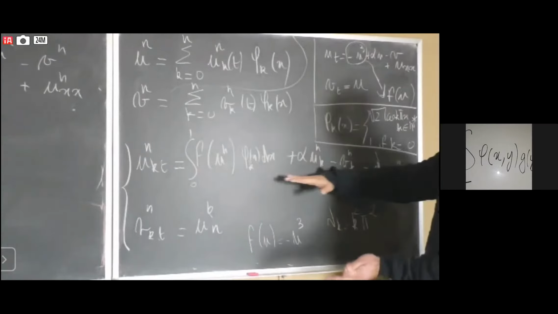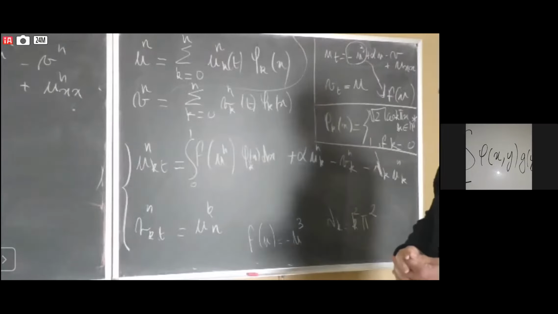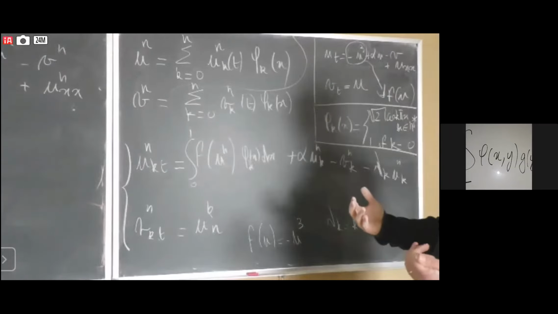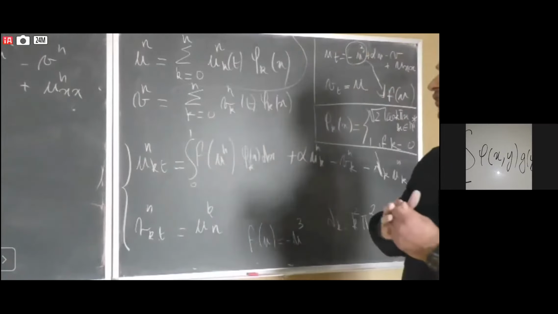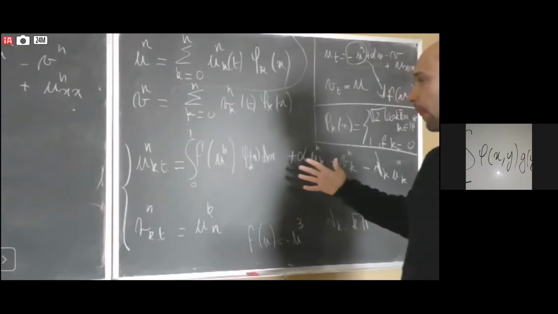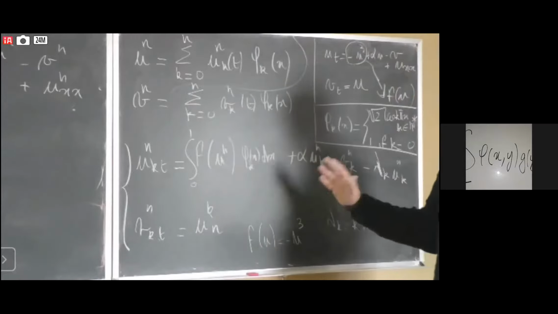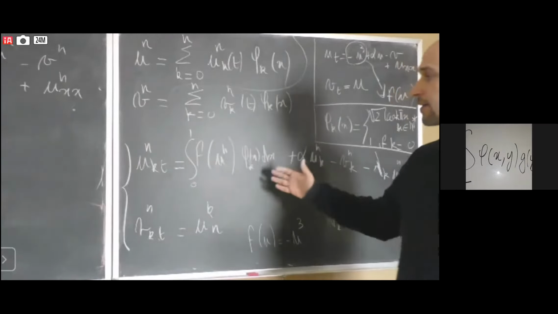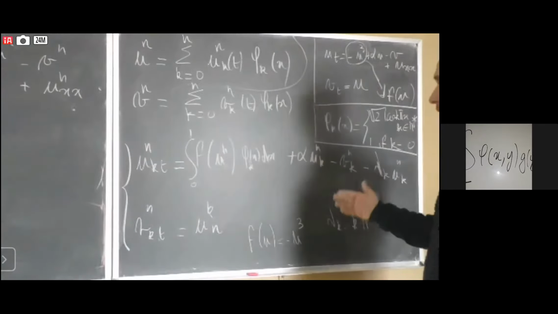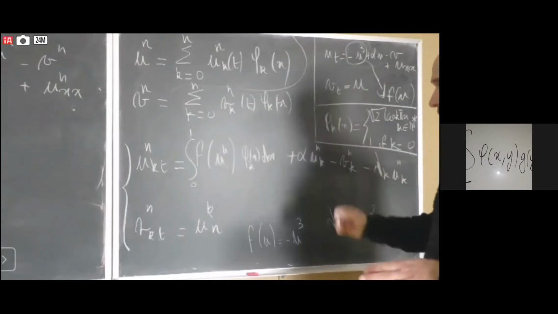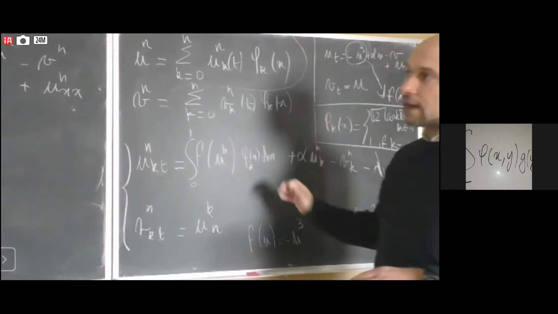So this admits a unique solution. A priori, you don't know if it's defined for all time, but you know that it exists for a given time. And so the point is that it is very regular.